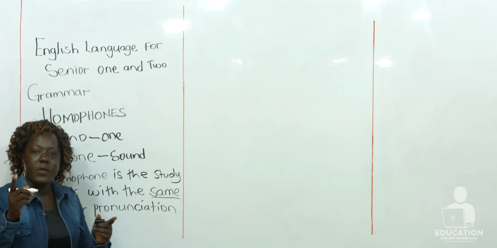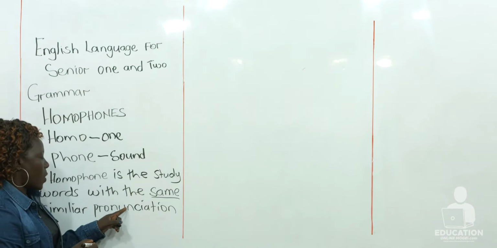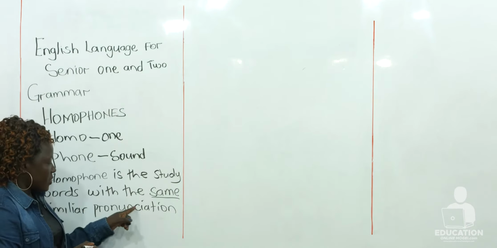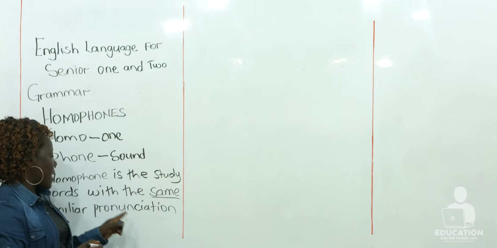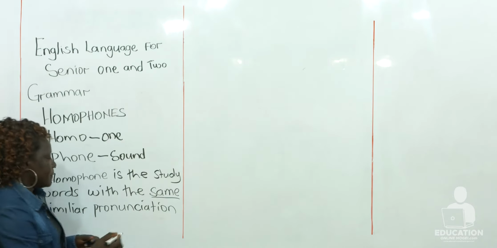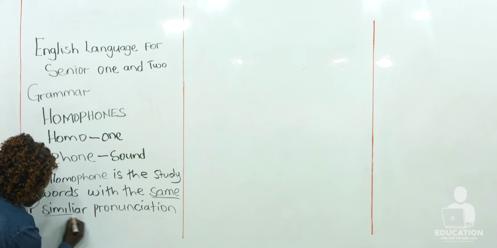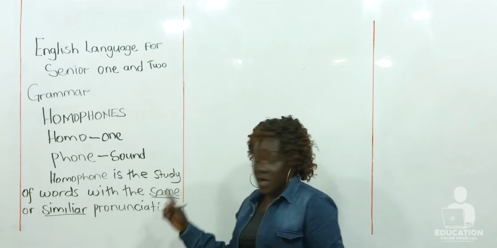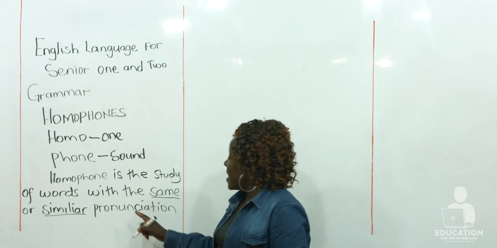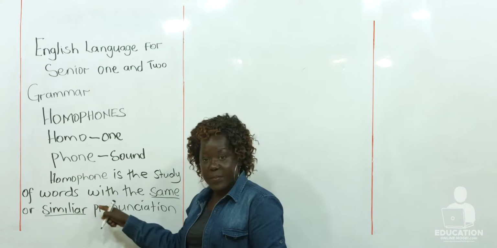Check the spelling of the word pronunciation. Do not write pronunciation with O. When it is pronounced, then it is with the O and CE. But pronunciation, you delete the O. Same or similar. Still, underline the word similar, because not all the sounds in homophones may have the same pronunciation, but can have similar pronunciation.